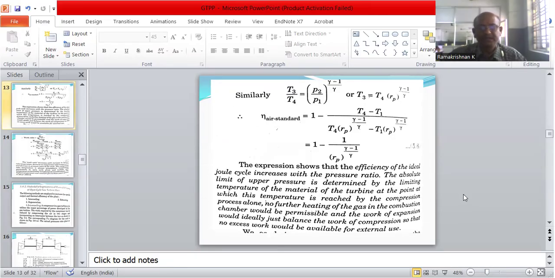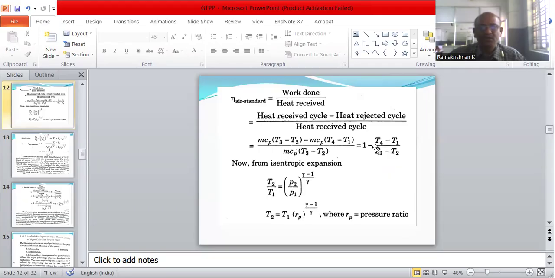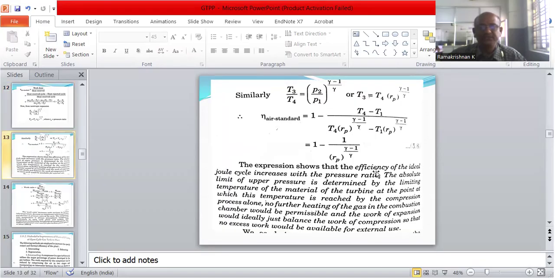Similarly, for isentropic expansion, T3 equals T4 into Rp power (gamma minus 1) divided by gamma. Substituting T3 and T4 in the air standard efficiency and simplifying, we get 1 minus 1 by Rp power (gamma minus 1) divided by gamma.